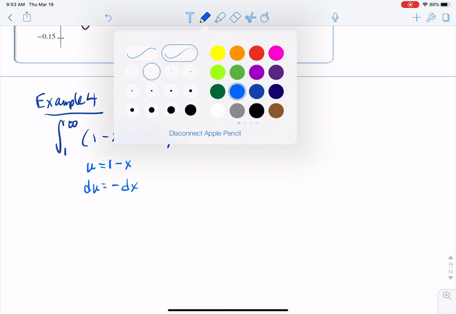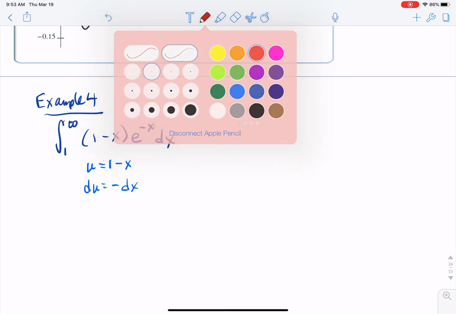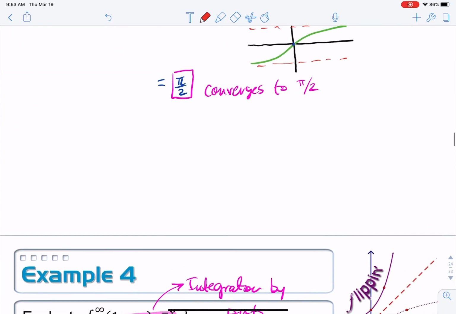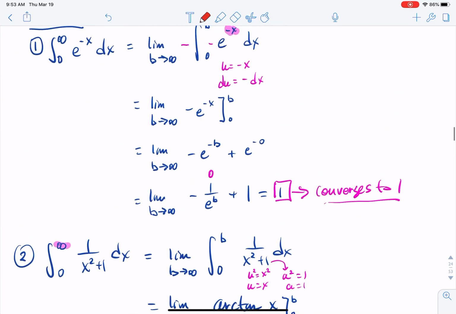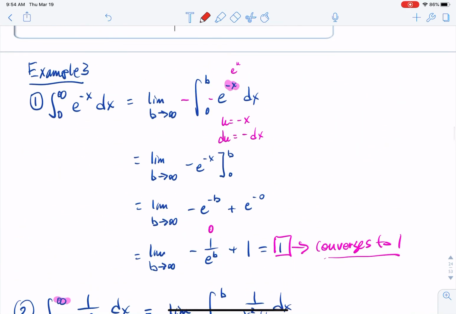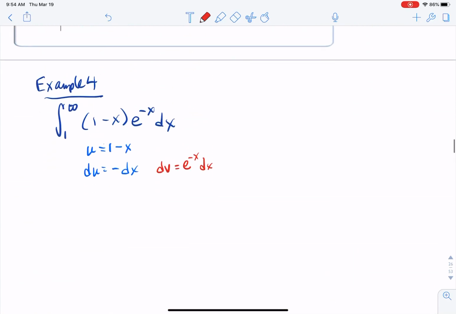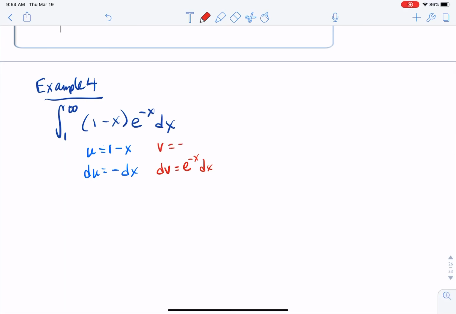We don't do that. Now, let's say I let my dv equal e to the negative x dx. We're going to take the integral of that. I'm pretty sure that I've already done that antiderivative. So its antiderivative is negative e to the negative x. V is equal to negative e to the negative x.